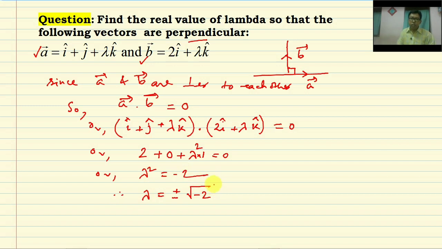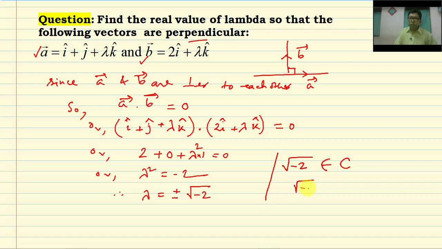Now see that root over of minus 2 is not a real number. It belongs to the set of complex numbers, it is an imaginary number.